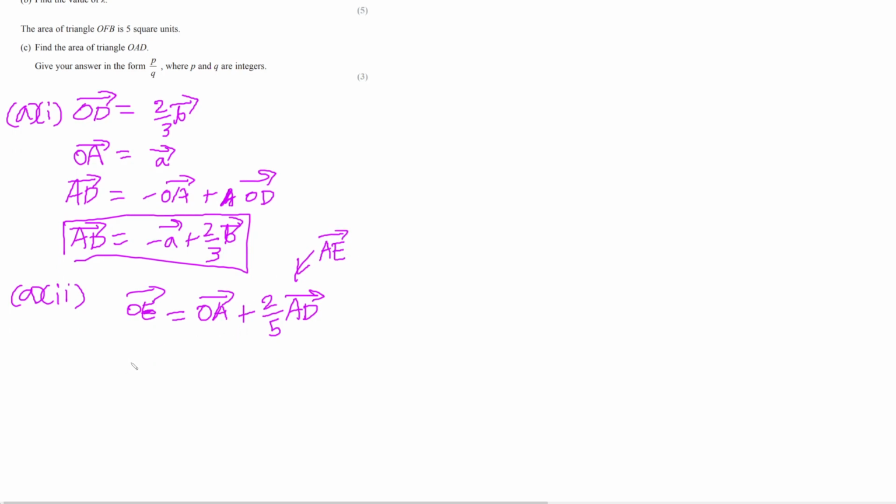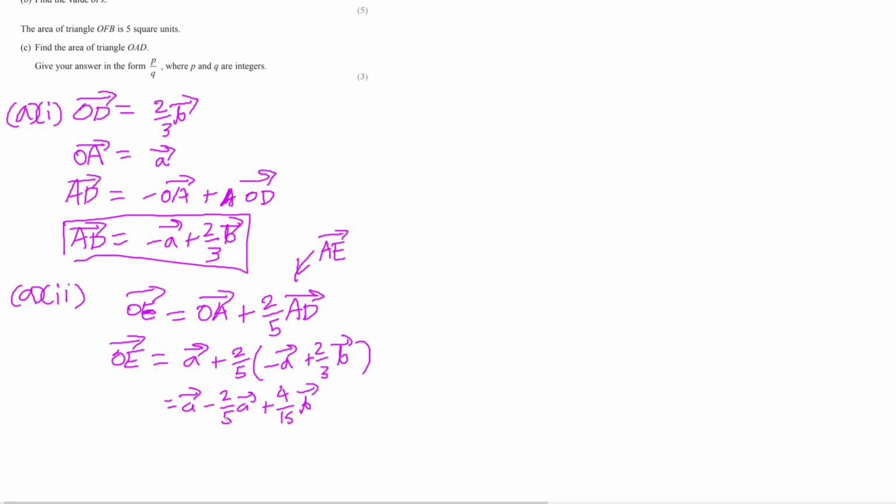So if we substitute what we know into this equation about OA and AD, we get OE is the vector A plus 2/5 of AD. So 2 over 5 times minus A plus 2 over 3B. And if we expand this all out, we get A minus 2 over 5A plus 4 over 15B. Or, to simplify, this becomes overall 3 over 5A plus 4 over 15B. And that's OE in a simplified form in terms of A and B.